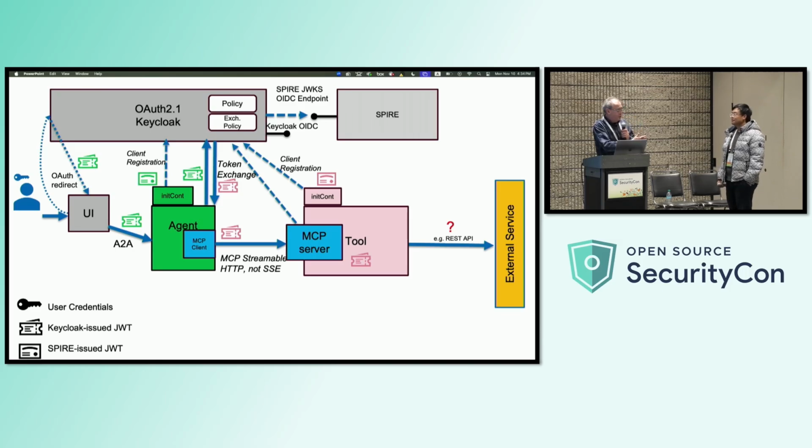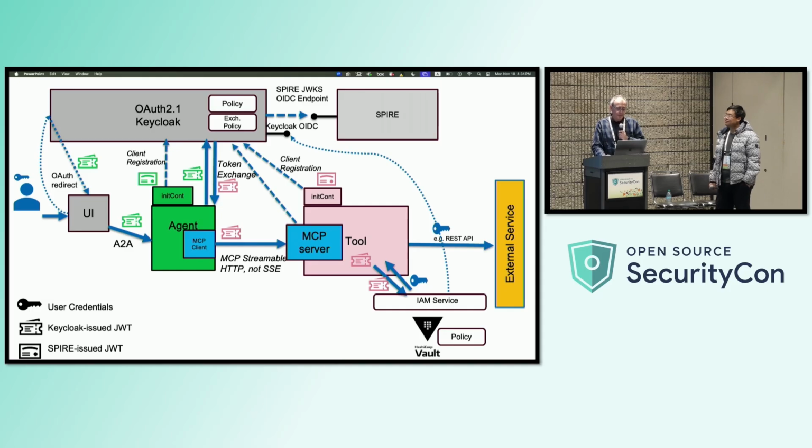Well, Alan talked about the Vault system, so we put in Vault. In this case, we use the Vault pattern, and Vault can store the external service API keys or secrets, and then exchange the token for the secret.